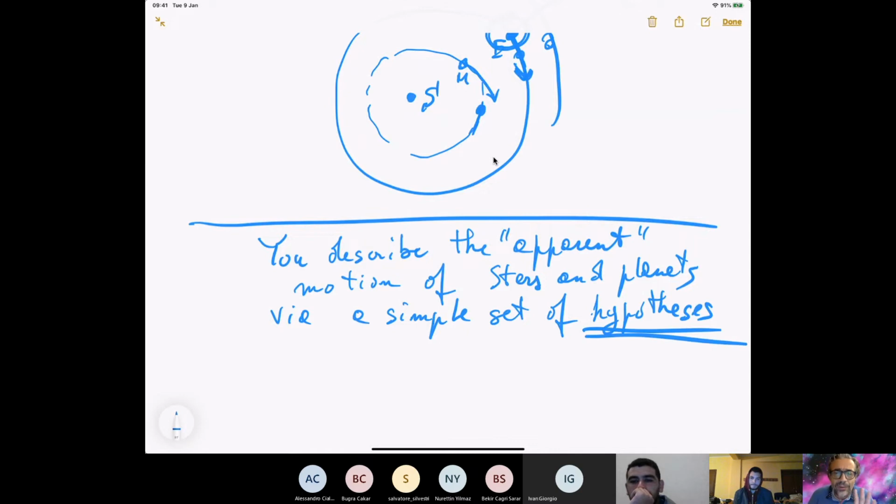I want to underline for you that you assume that every planet is a point, which is clearly not true. However, you claim that you can describe the motion of a planet knowing where its barycenter is. So you assume that the interaction between planets, between planet and the sun, can be fully described knowing only where their barycenter is.